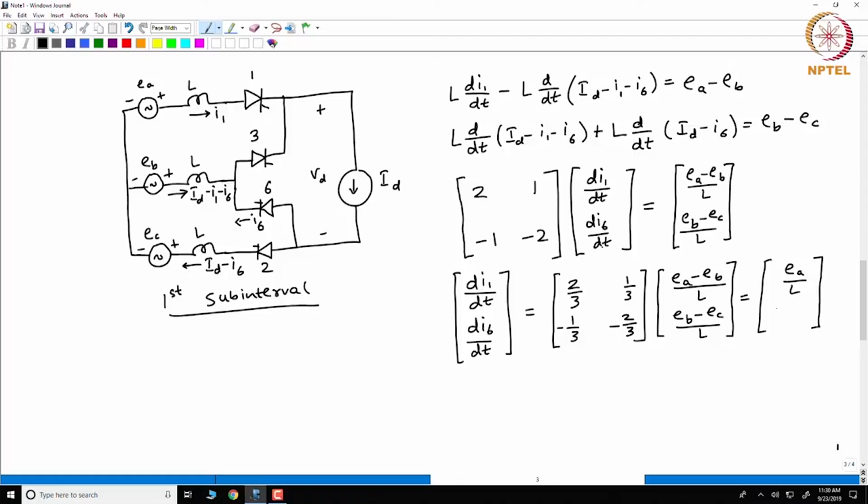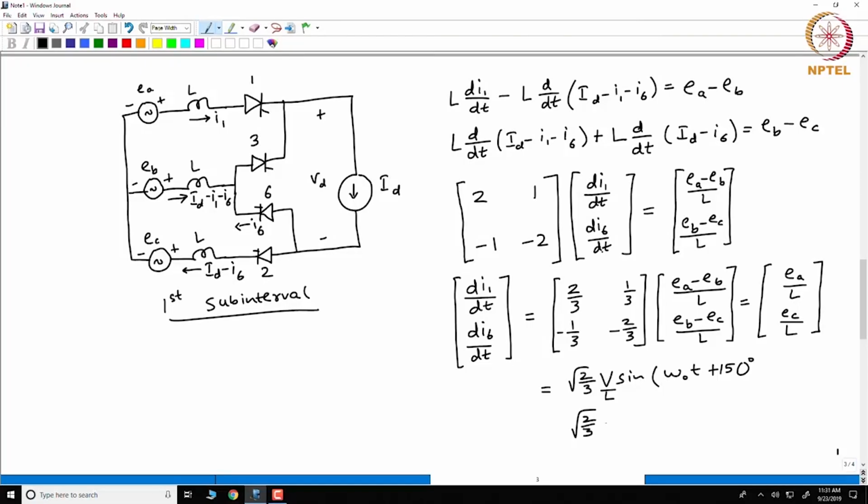EC by L. Okay. So, of course, we know what is EA and what is EC. If I just substitute that, I get this as equal to root 2 by 3 V sine omega ot plus 150 degrees, divided by L, and V by L sine omega ot minus 90 degrees.